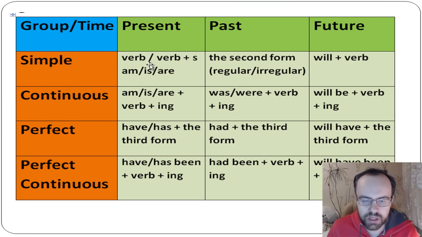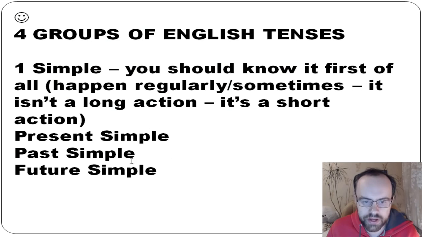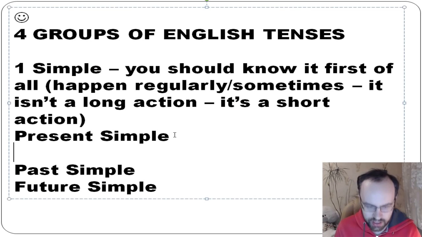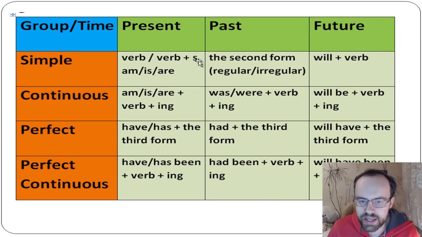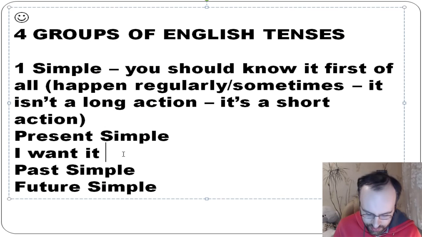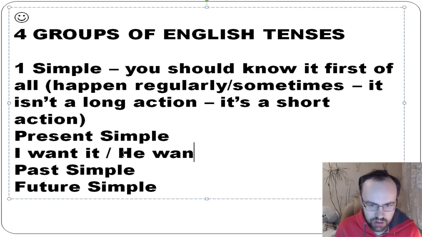So we form it this way. So verb, for example, present simple: I want it. So verb, or we can add s if it's he, she, it. So for example, he wants it.